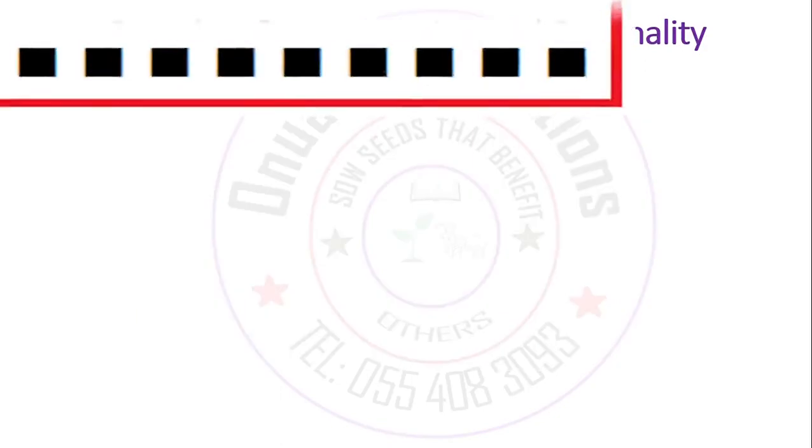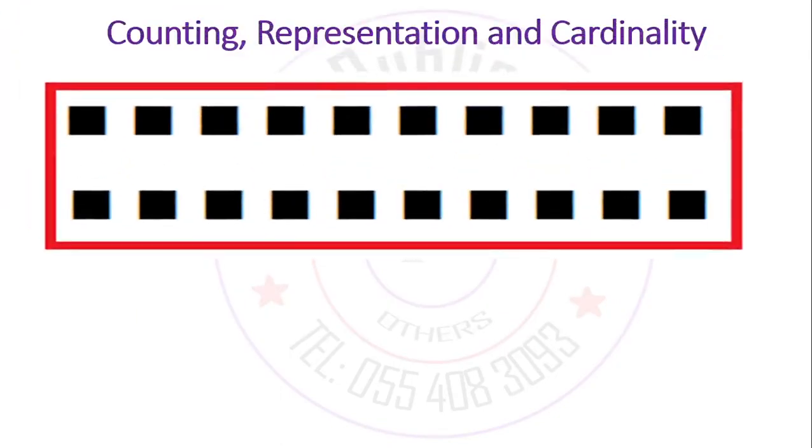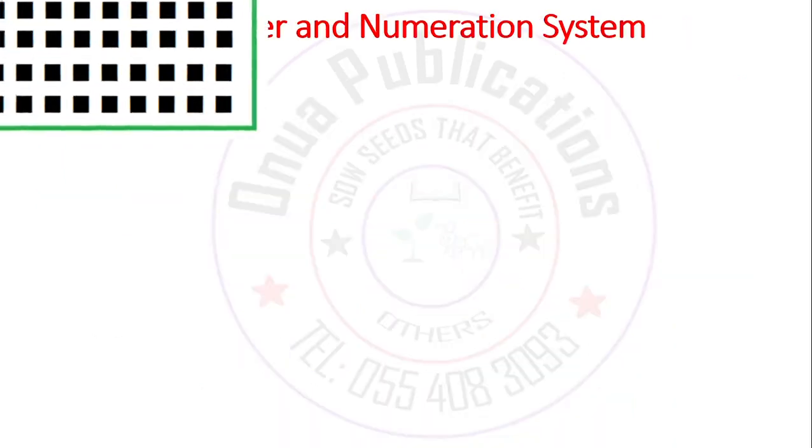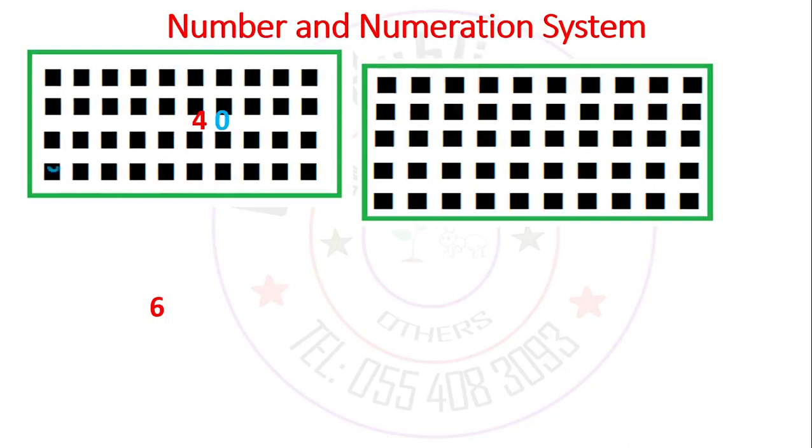Let's see. How many groups of 10 can we get here? 2 groups of 10. After we've taken these 2 groups of 10 away, what is the remainder? 0. So we have 20. In the same way, we have 3 groups of 10, remainder 0. 4 groups of 10, remainder 0.